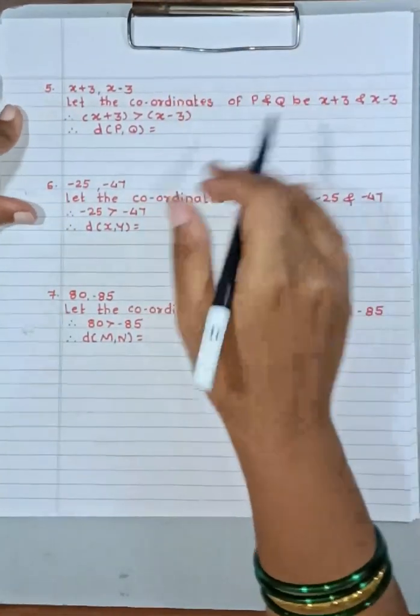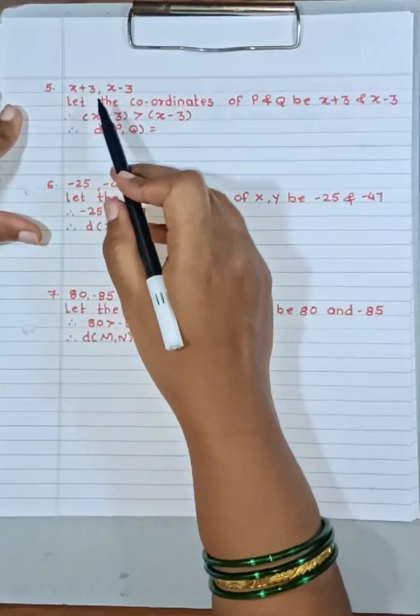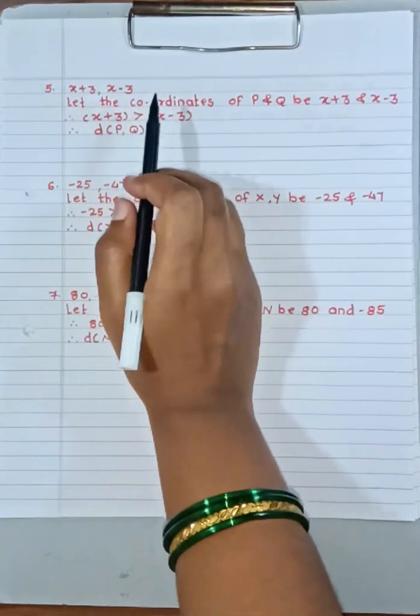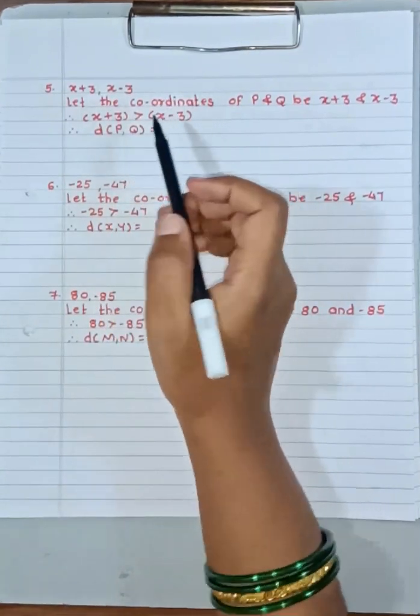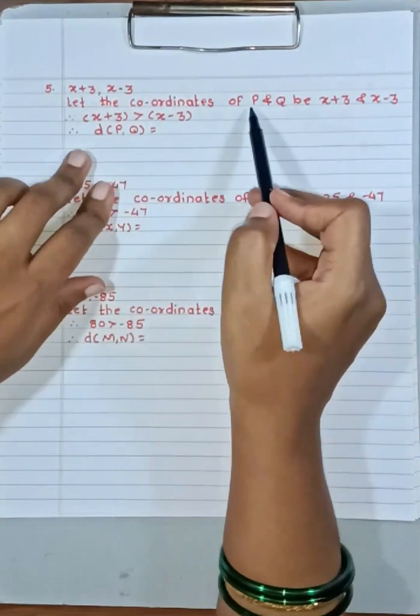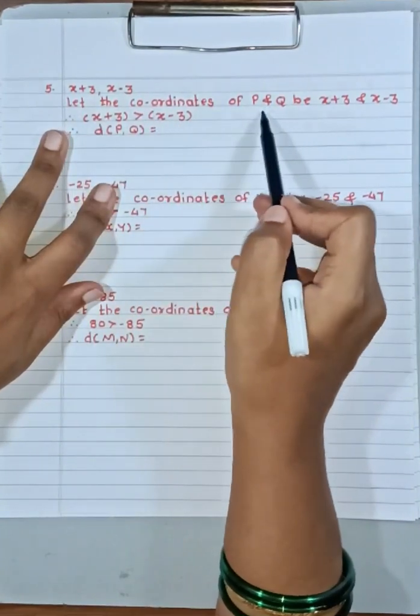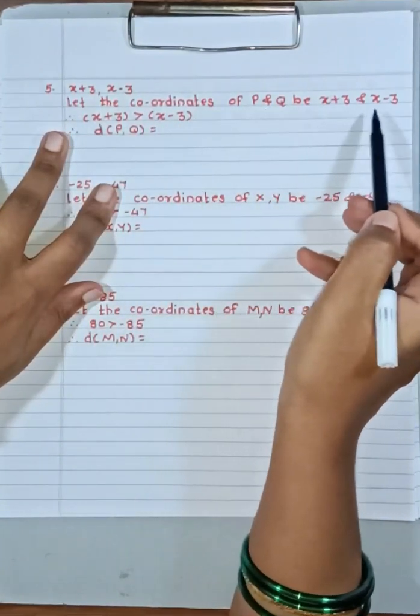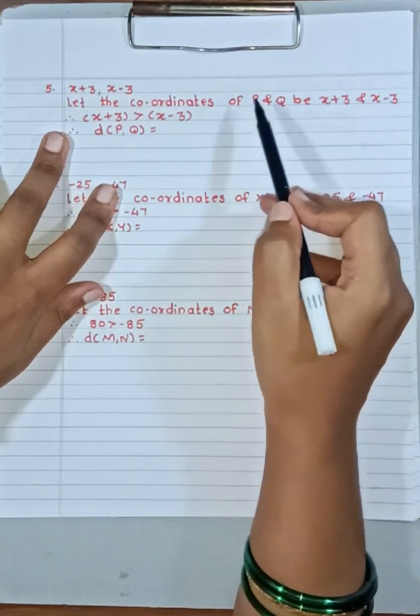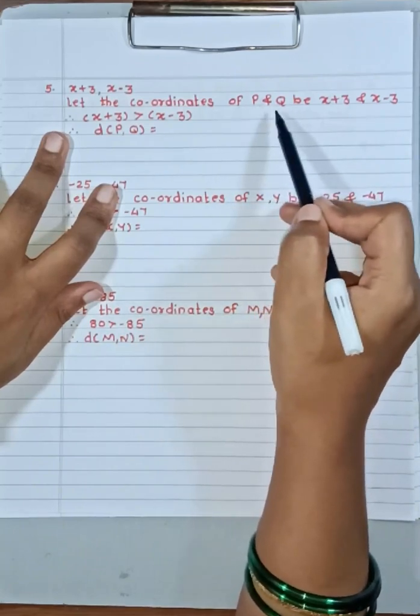Okay, now fifth one, X plus 3 and X minus 3. Now children, you can consider the coordinates. You can let the coordinates of P and Q be X plus 3 and X minus 3. You can name anything A, B, P, Q, L, M, whatever you want.